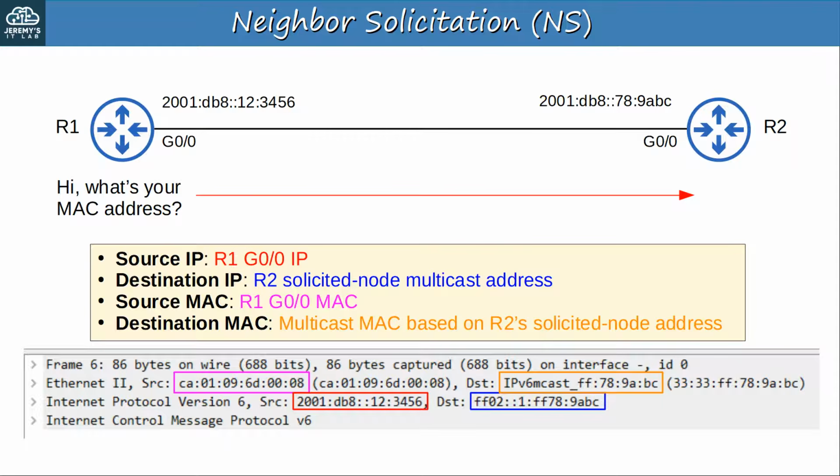I haven't really taught you about multicast MAC addresses, and you don't need to study them for the CCNA, so don't worry about the details here. Just note that the big difference between an NDP neighbor solicitation message and an ARP request message is that the ARP request is broadcast and the neighbor solicitation is multicast, which is more efficient.